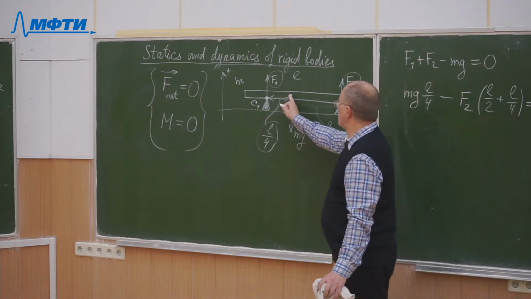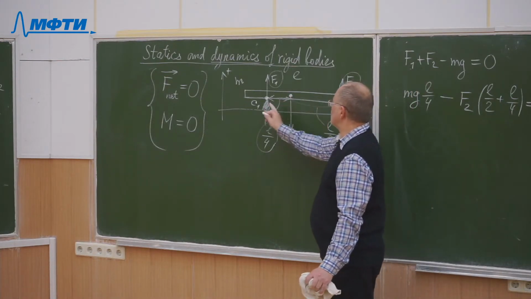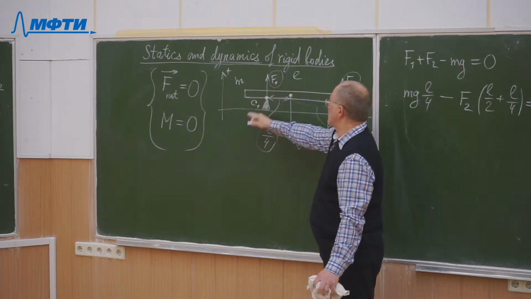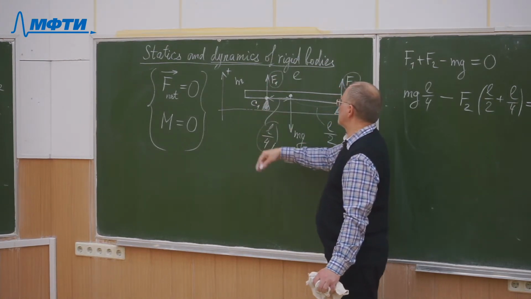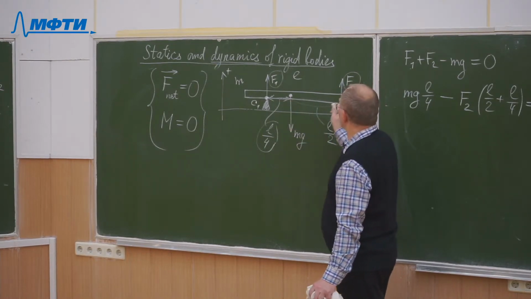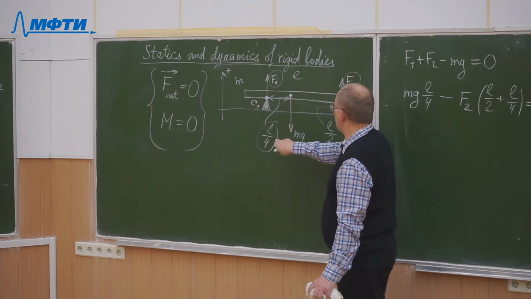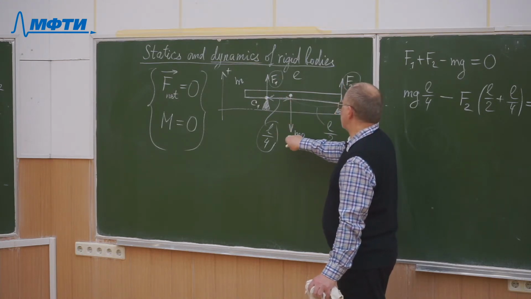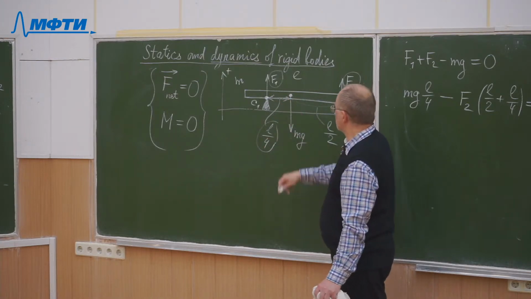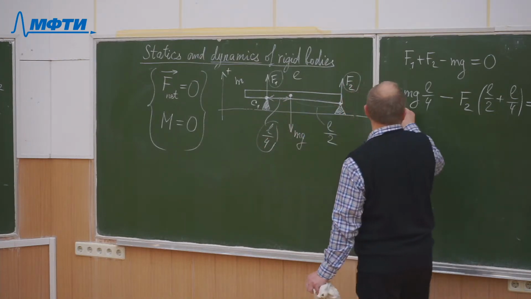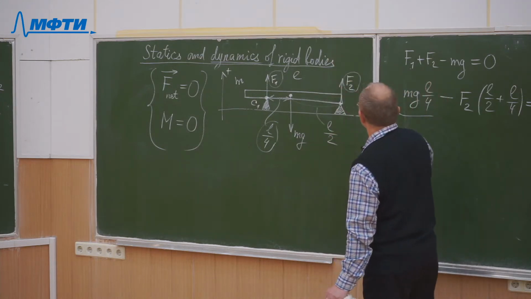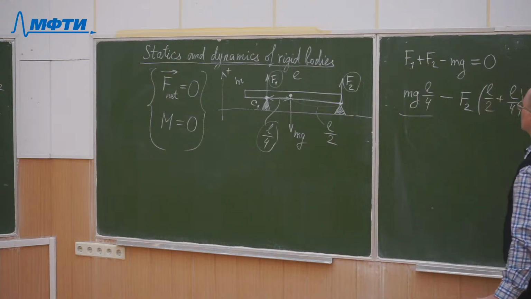Two forces, actually three forces, but the first force actually has a 0 torque. So we don't take into account the torque of the first force. We take into account only the two forces and two torques. One torque, of the weight of the body, tends to rotate in clockwise direction, so it's positive, and another torque tends to rotate the bar in counterclockwise direction, so it's negative.